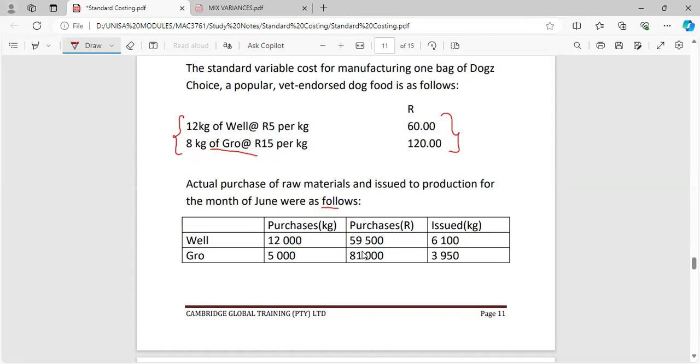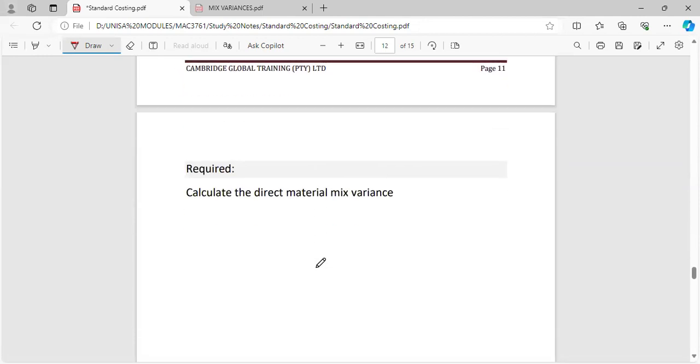So this is now going to be the actual, for oil and for grow. Then we are required to calculate the direct material mix variance.